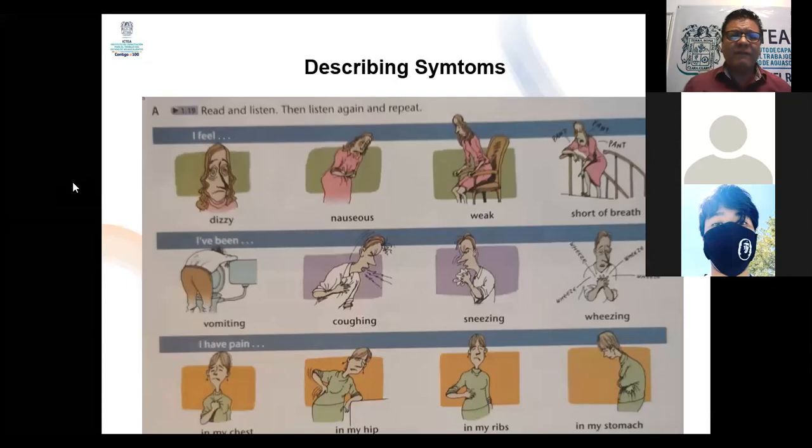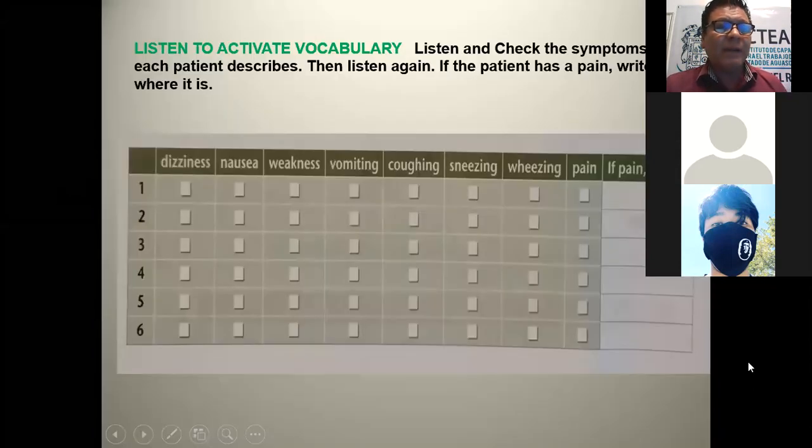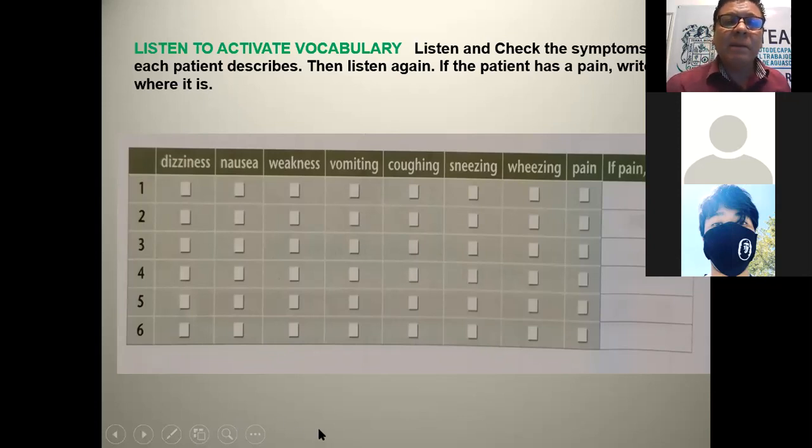Okay, look, we have different symptoms. Sometimes we have some of them, possibly, but now we have one more activity. We have a listening activity to activate vocabulary. Listen and check the symptoms each patient describes. We have 6 patients, and they are going to describe what symptoms they have.